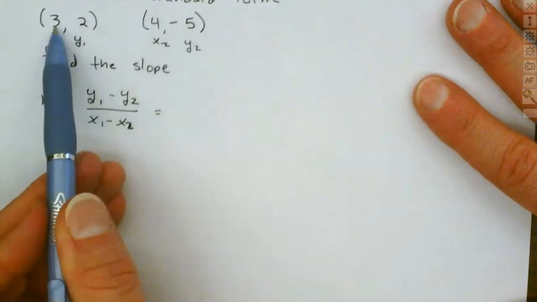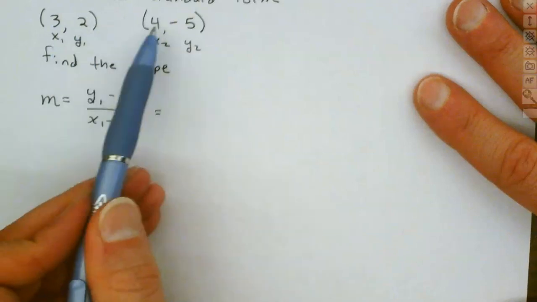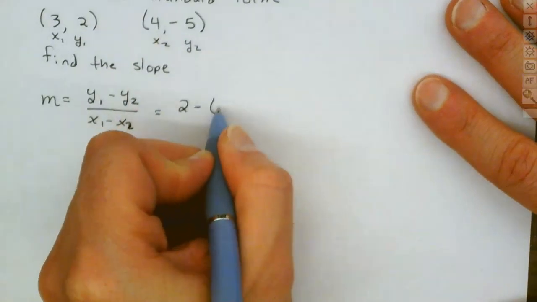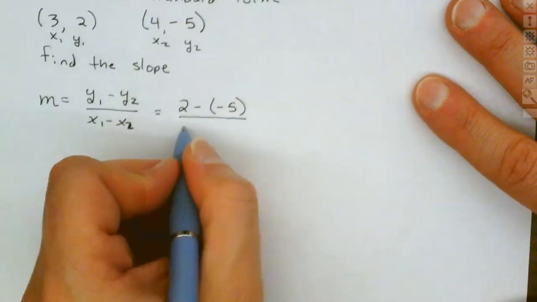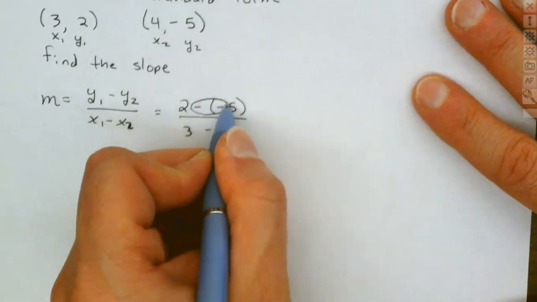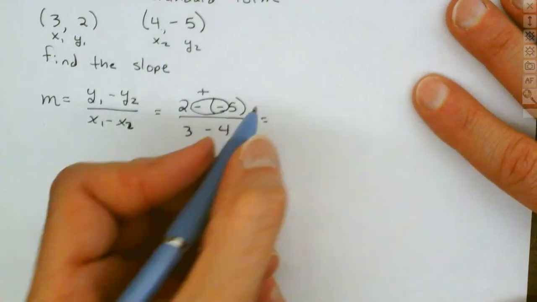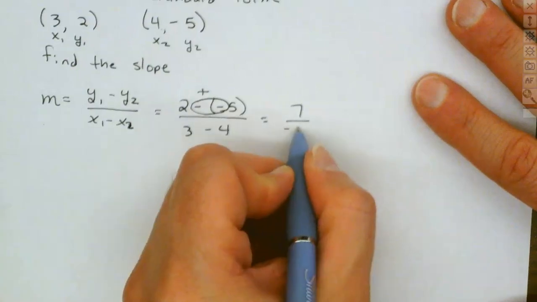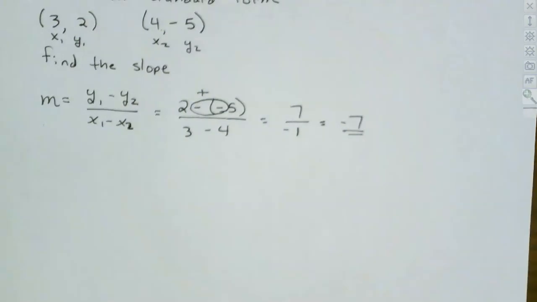A lot of students make the mistake of doing the x on top, but it's not. It's the y. So filling it in, those 2 go first. So it's 2 minus a -5 over 3 minus 4. Double negative here makes this positive. And now we've got 2 plus 5, that makes it a 7. And 3 minus 4, that's a -1. And so now my slope is a -7.